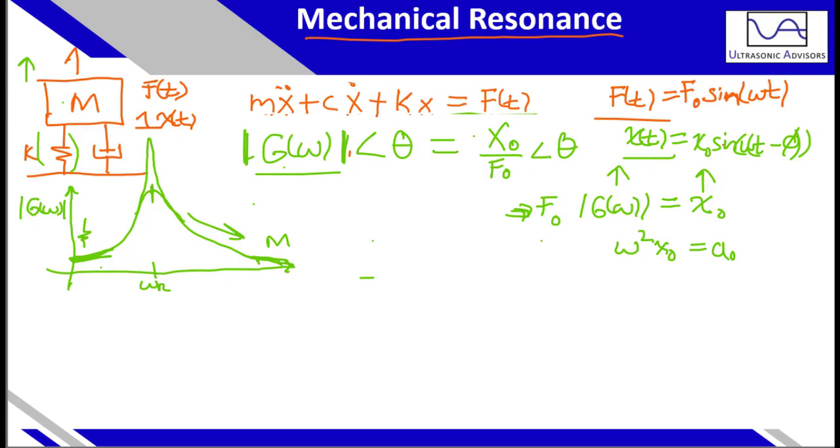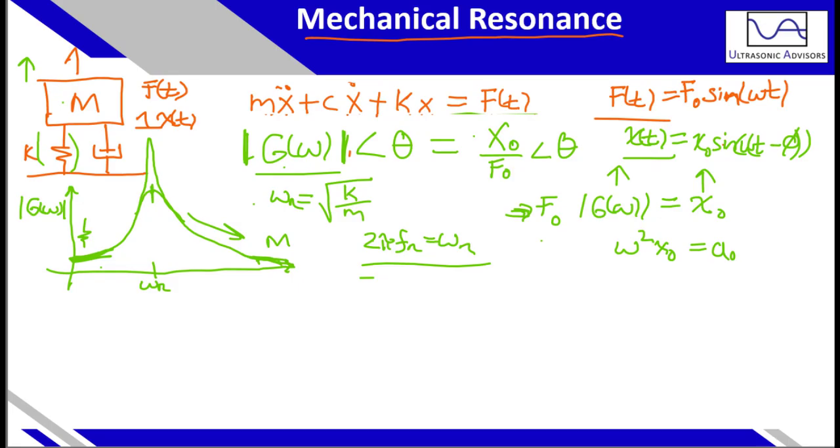The resonant frequency itself can be solved for, and that's going to equal your stiffness divided by your mass, the square root of that number. This is the angular frequency of resonance, and this equation holds the angular frequency and the resonant frequency.